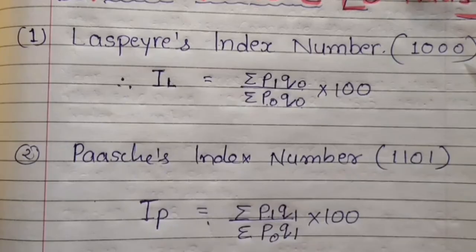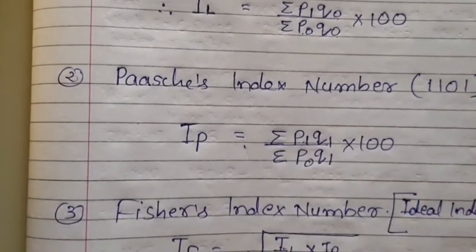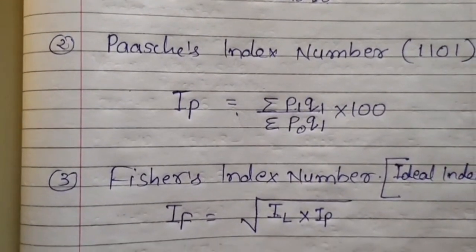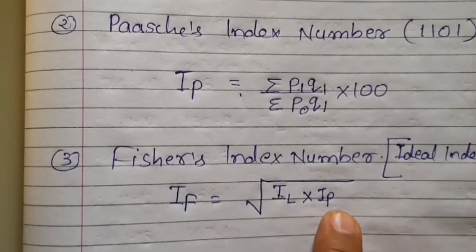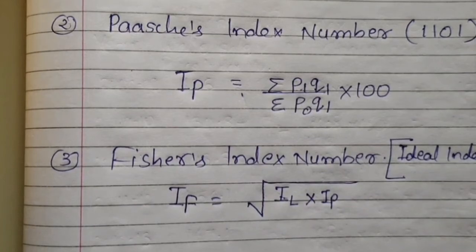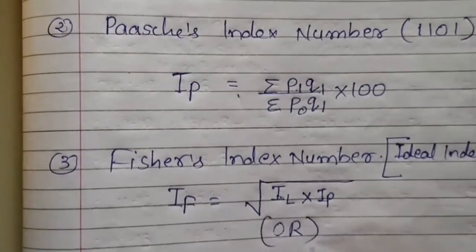The limitations of last pair and Paasche were removed by Fisher. He has given one more formula. He has taken the geometric mean of last pair's index number and Paasche's index number. This formula can be written in another way also.